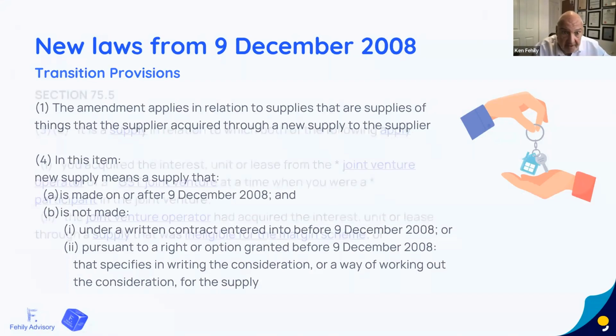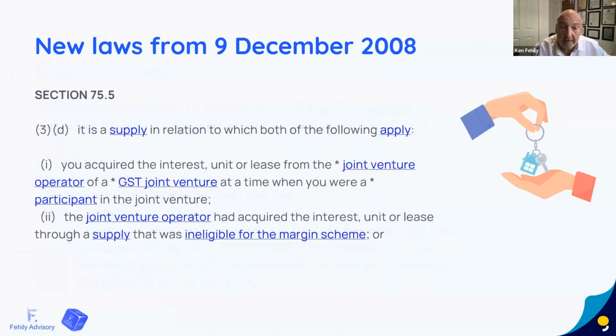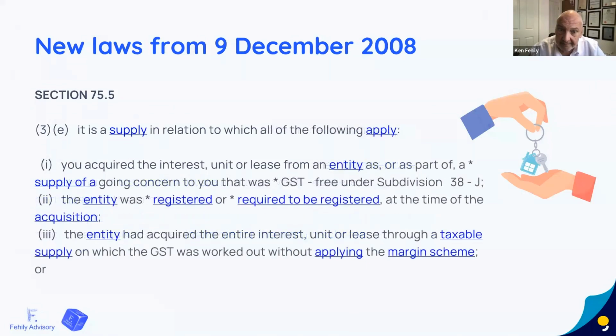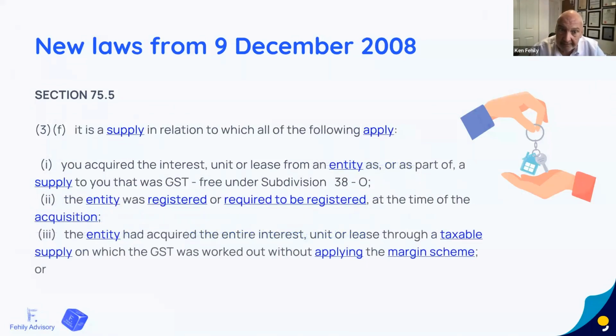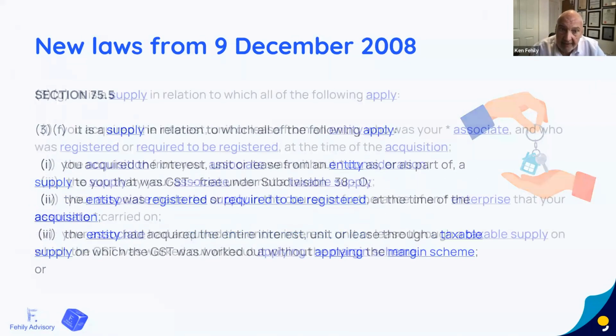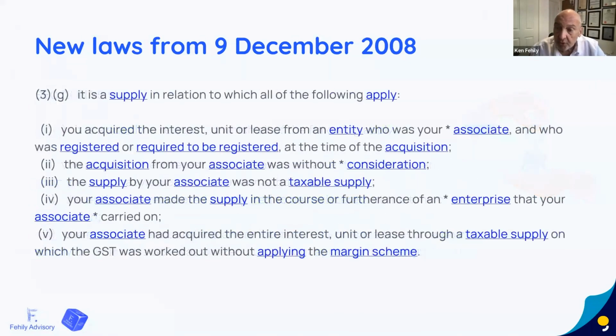And then you have to start going through section 7553. Did you buy it through a joint venture? Then you've got all that. And then, did you buy it from an associate?